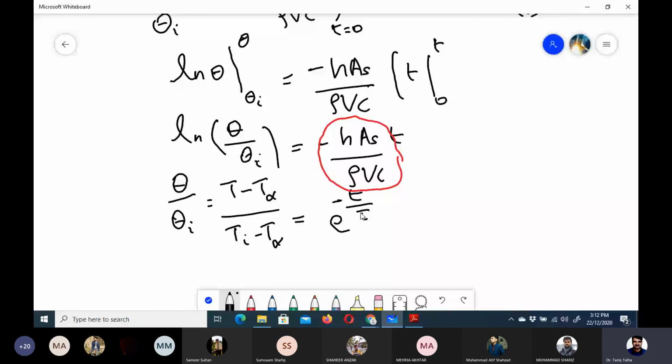I call it a constant because h is a property related to the fluid, and As is the surface area of the object, so these are properties which we know. That's why I am calling it tau, the thermal time constant.